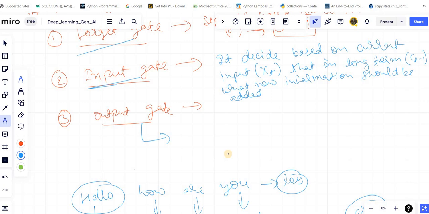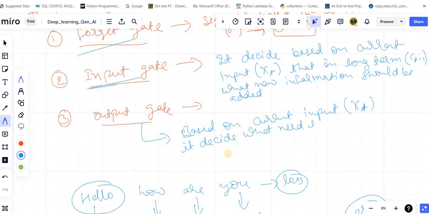So in the output gate, based on your current input, which is xt, it decides what needs to be shown. What needs to be shown in the long term memory is the final output, which is ct, and it also creates your final hidden state, which is the short term memory.